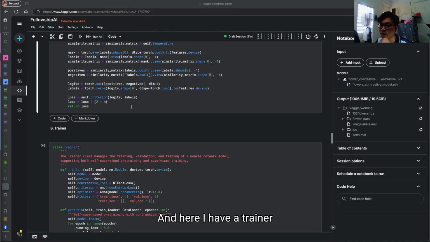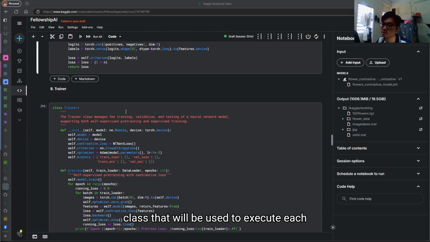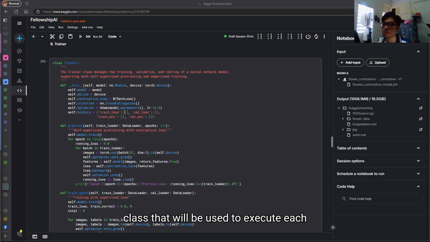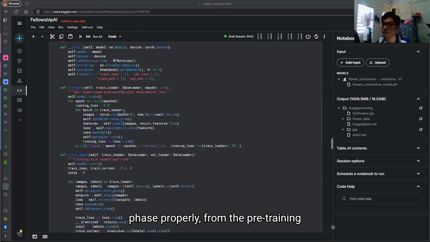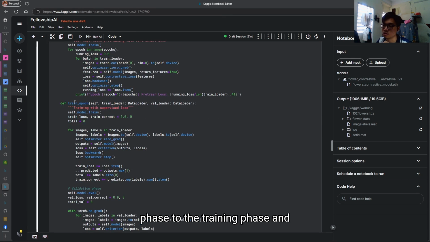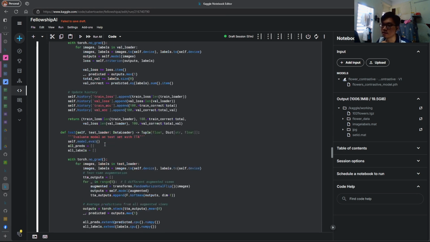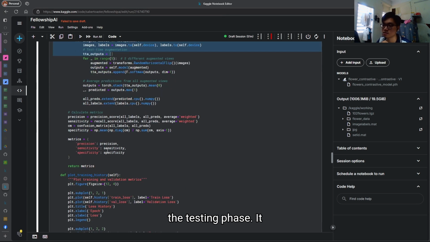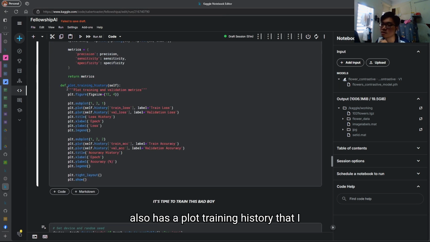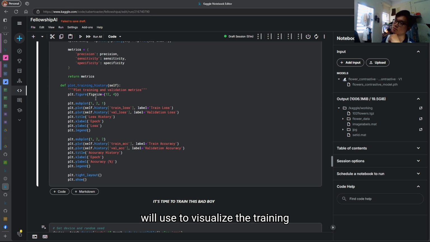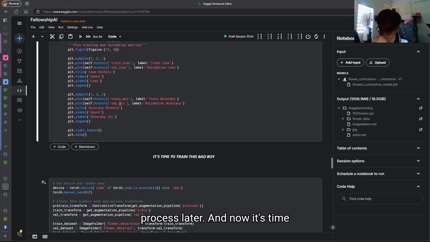And here I have a trainer class that will be used to execute each phase properly, from the pre-training phase to the training phase and the testing phase. This also has a plot training history function that I will use to visualize the training process later. And now it's time to actually train the model.